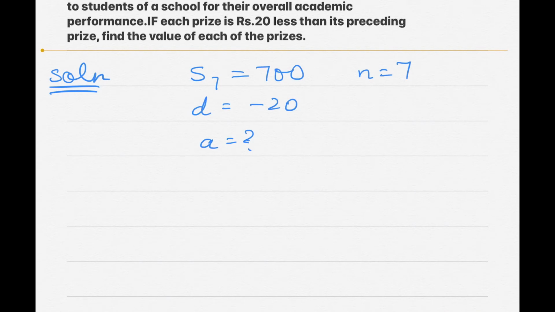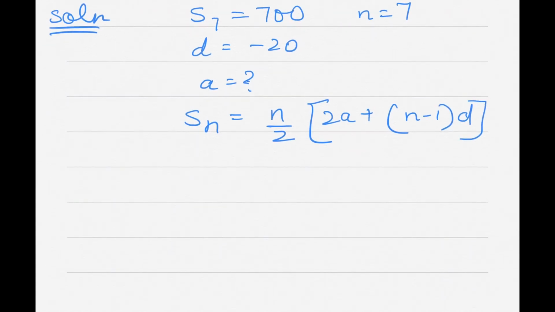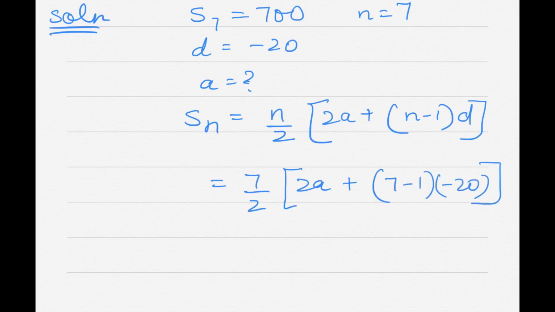Okay, so with the given conditions, I can use my sum formula. So the sum of n terms is equal to n by 2 into 2a plus n minus 1 into d. Now my sum is equal to 700, n is equal to 7, 2a I don't know, and n minus 1 is 7 minus 1, d I know is minus 20.